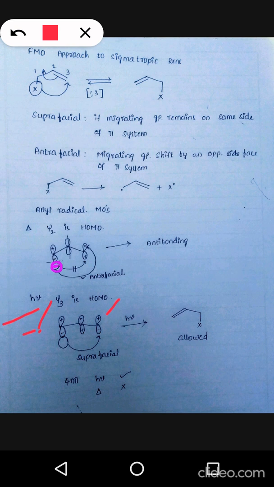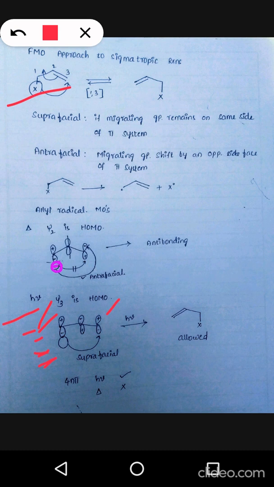Now to form this allyl substituted product, it has to react with another X group, shown by a circle here. To form a bond between the allyl radical and this group, since the allyl radical has a negative lobe downward, the X group should also have a minus sign lobe facing the molecular orbital.